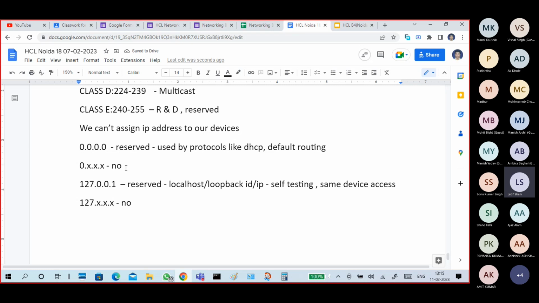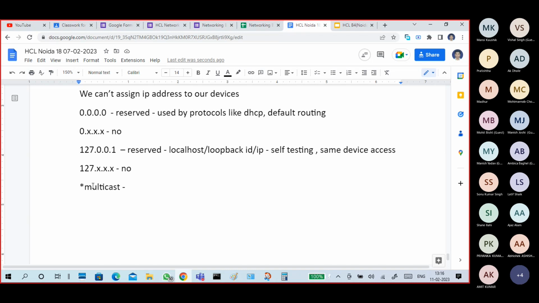And one more is there, multicast. What is multicast?